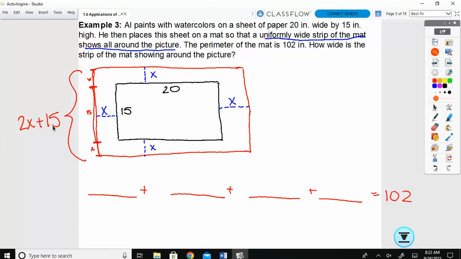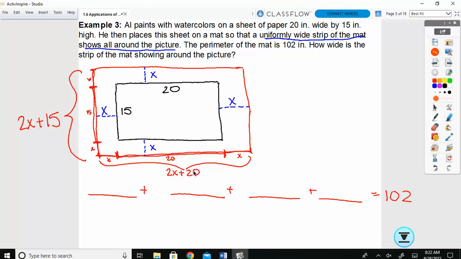Okay. So for this piece, how far is it from here to here? X. And then from here to here. So all together, that side is 2x plus 20.